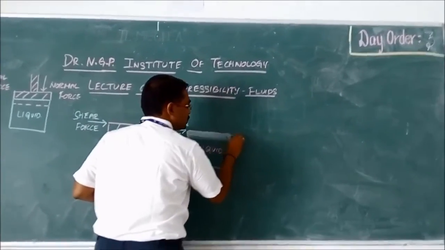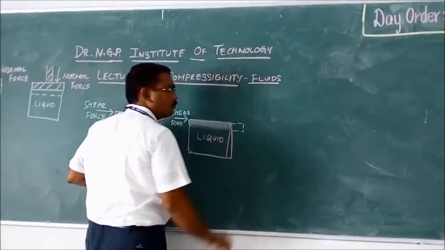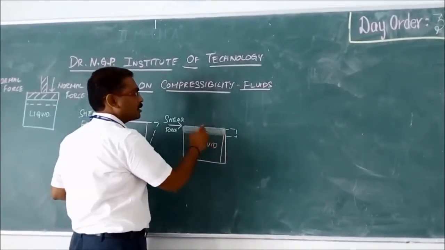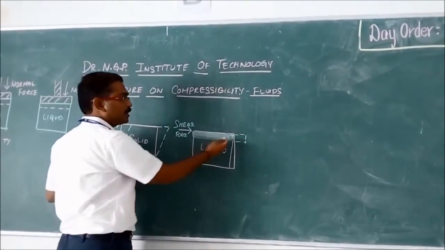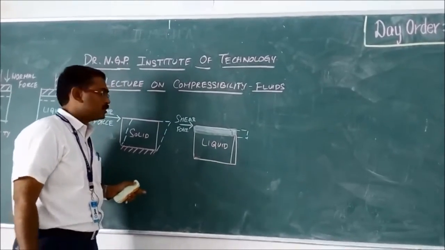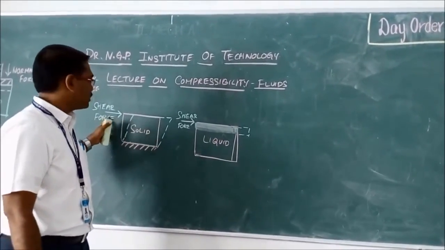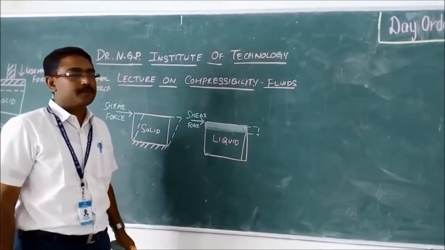Let's assume it has displaced by this point. Once the shear force is removed, the liquid particle does not come back to its original shape. So this is a major difference between a solid and a liquid: when you apply shear force, they behave differently.